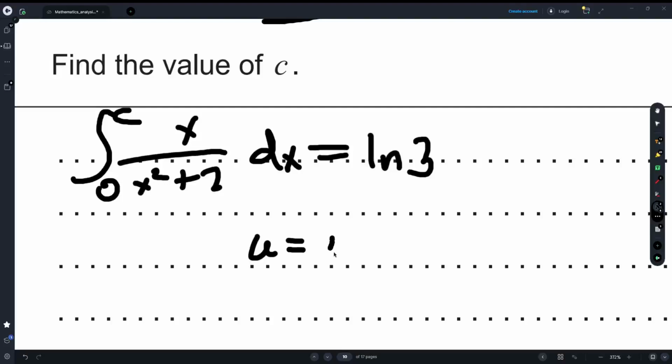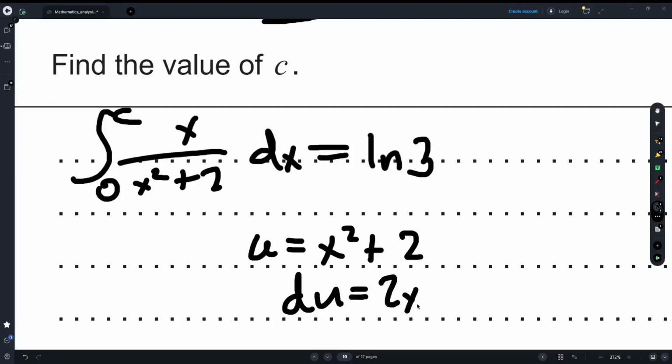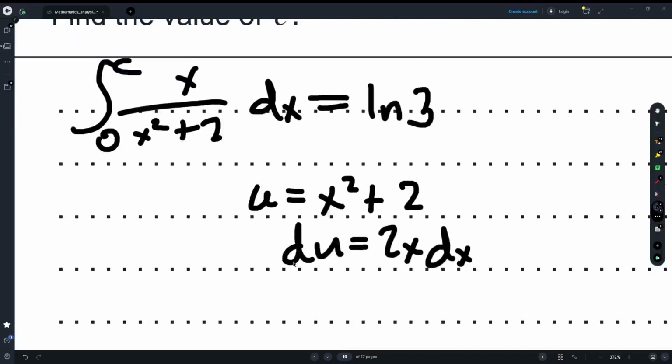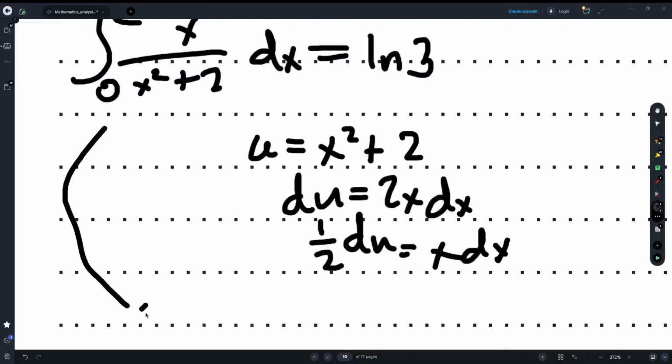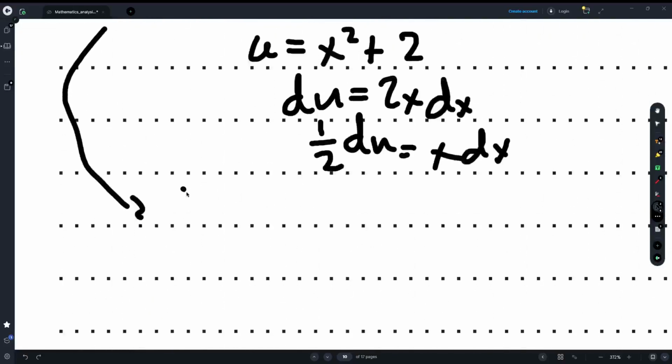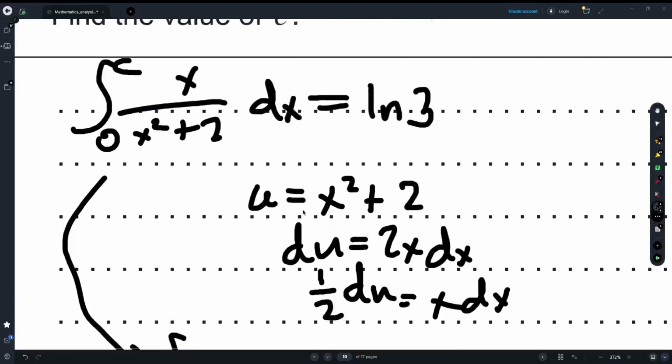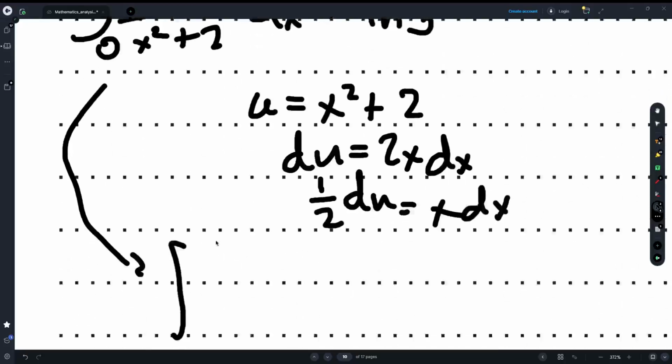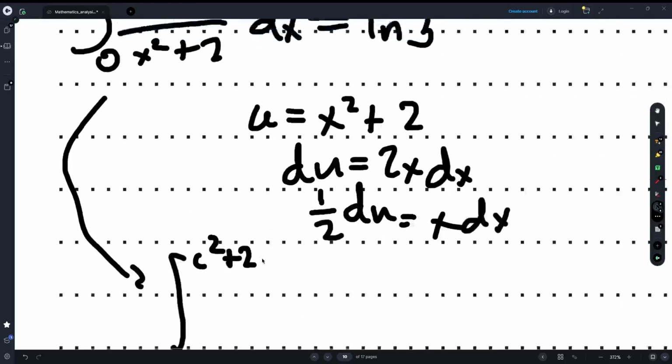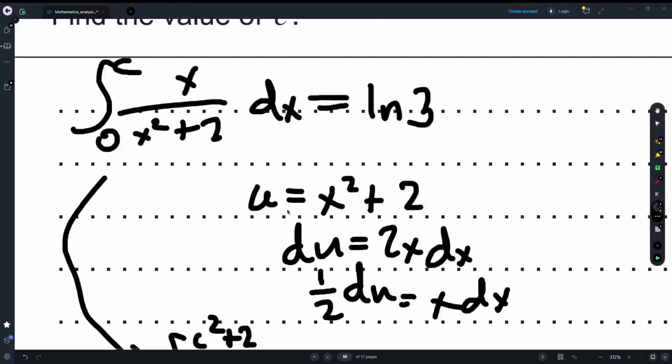So u equals x squared plus 2, then du equals 2x dx, and we get half of du is x dx. For the bounds, u equals c squared plus 2 becomes the upper bound, and substituting 0, we get u equals 2.